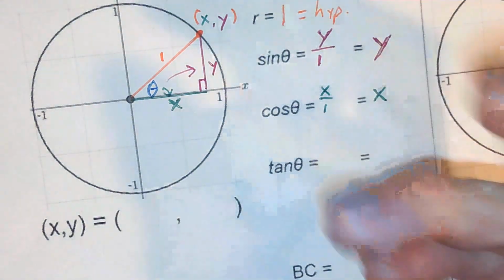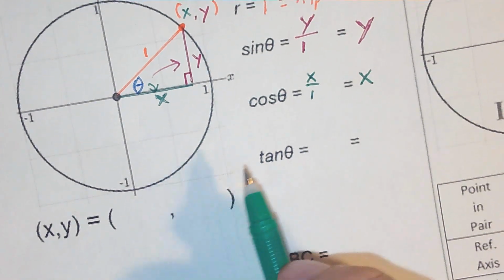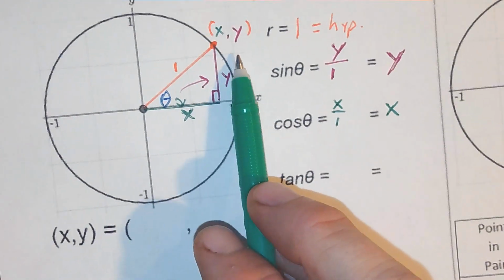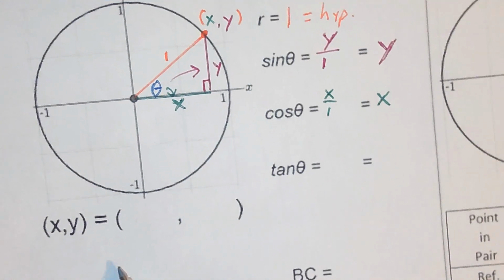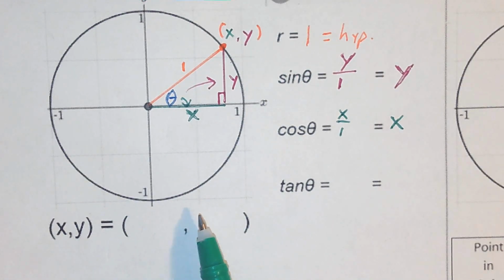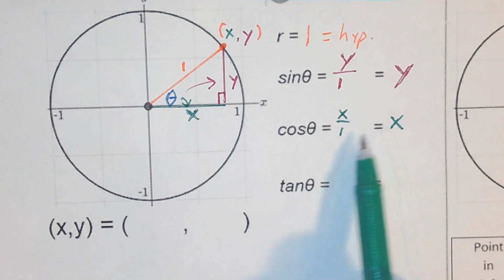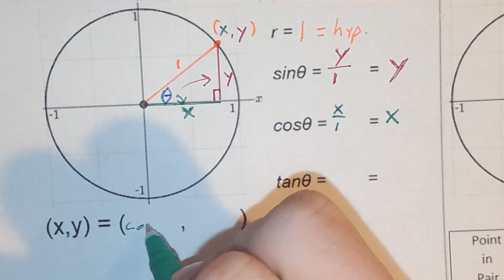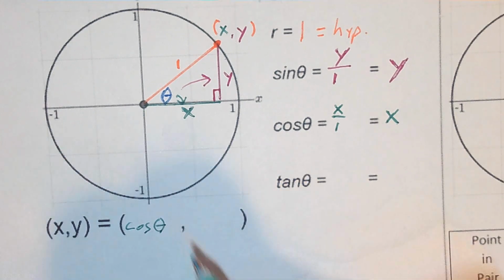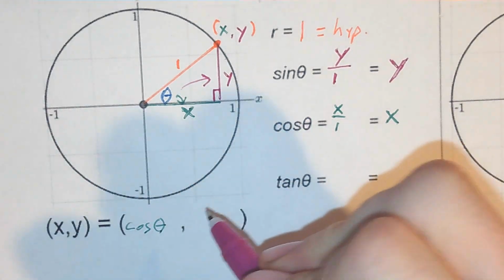So if I'm going to substitute into my coordinate pair x, y what I know, x is now cosine of theta, and y is sine of theta.